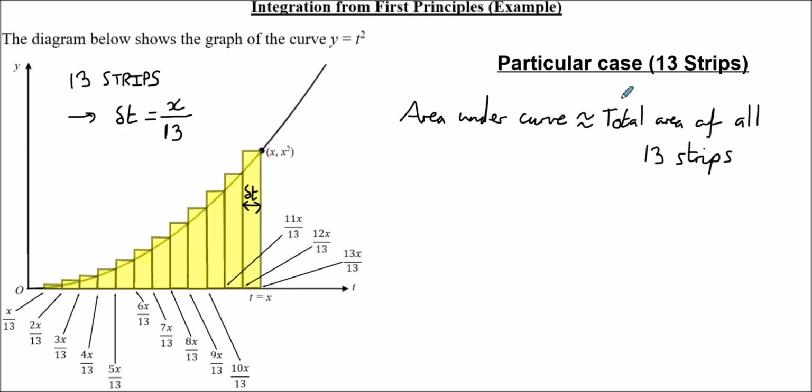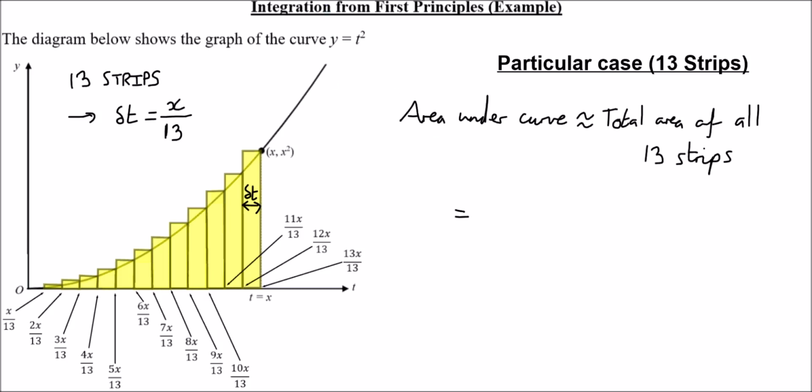I'm going to generalize this to n strips in a moment, so we'll get the general case and then the general result. So the total area of all these strips is going to be the width of each strip. So for example, the first one will have a width of delta t, then multiplied, in fact I'm going to write this a different way.